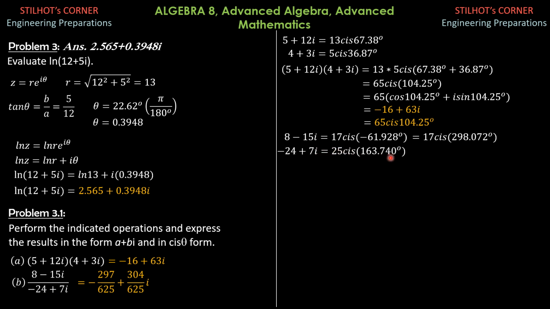Then cis, the angle, as I said, is in your calculator. If you press inverse tangent of 7 over negative 24, it will give you a negative angle in clockwise direction. So it is interpreted in the fourth quadrant. But the actual position, the terminal side of that angle, is in the second quadrant.